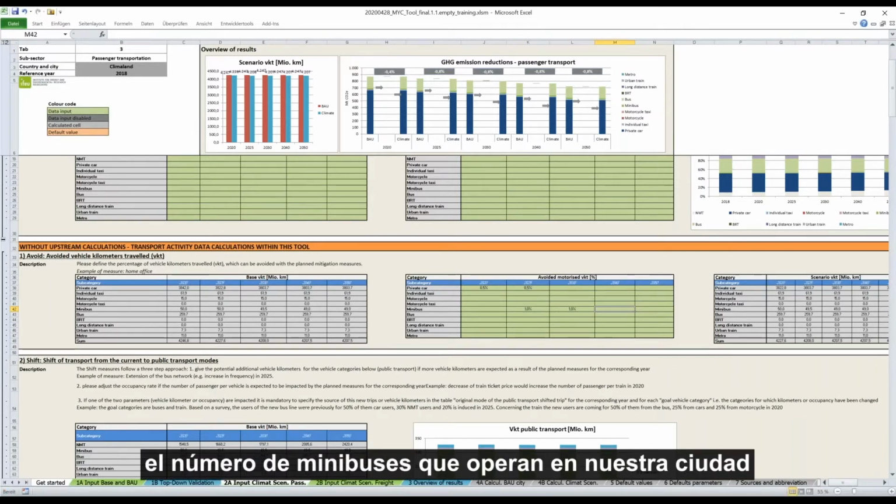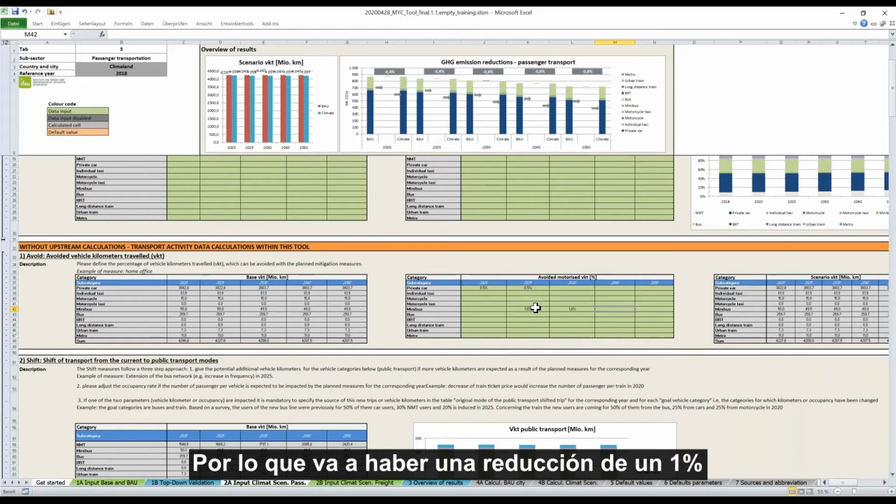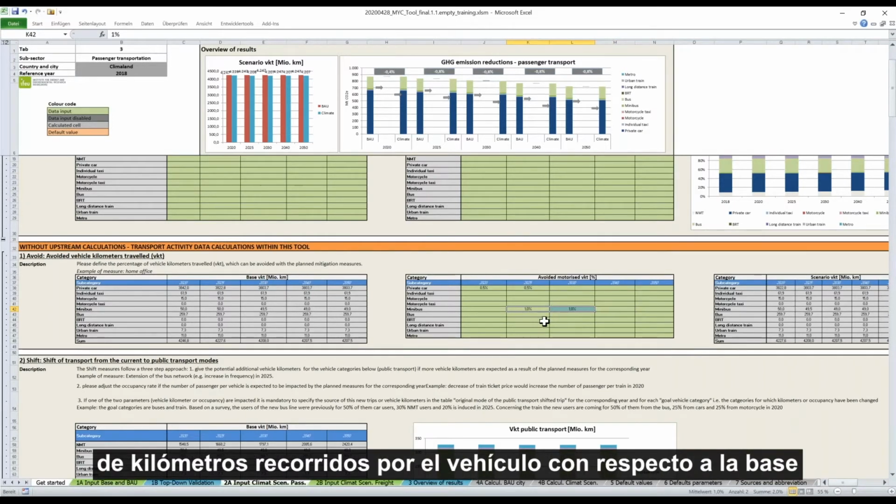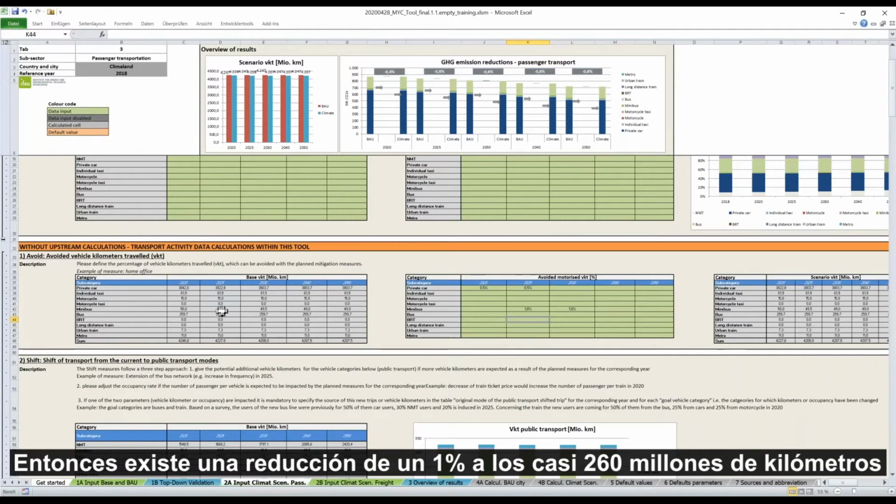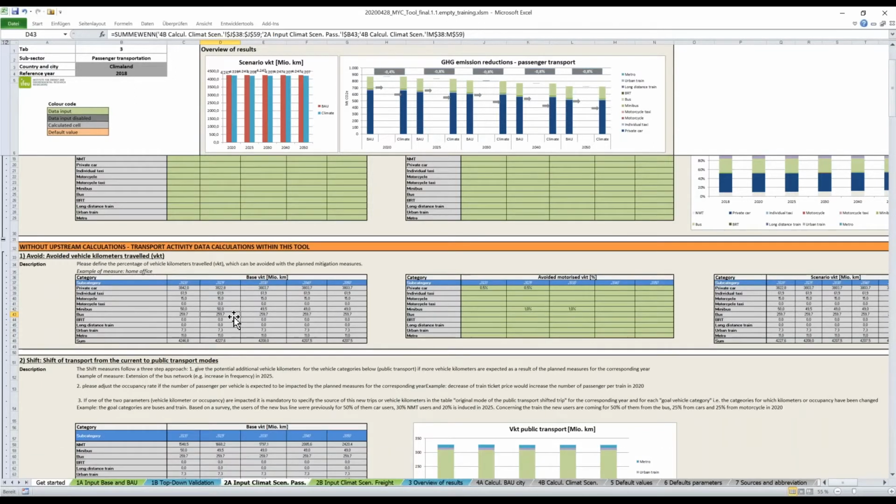For example, we make a limit to the number of minibuses that are allowed to operate in our city. Then we guess that it's around 1% reduction of the vehicle kilometer of the base here, as it is shown. So 1% reduction of the almost 260 million kilometers. That's the first phase.